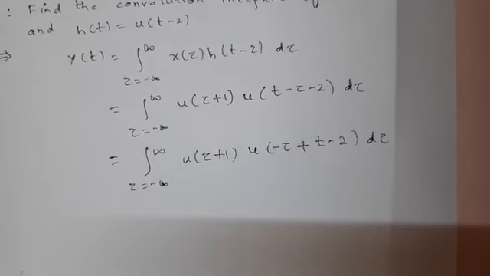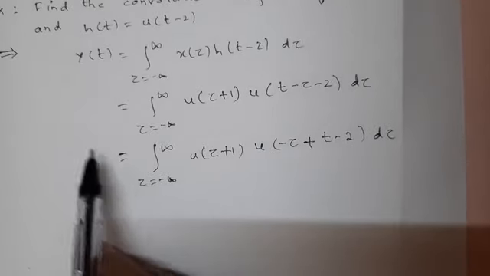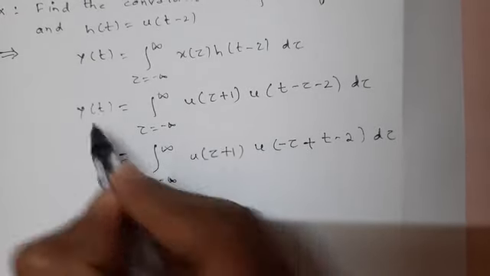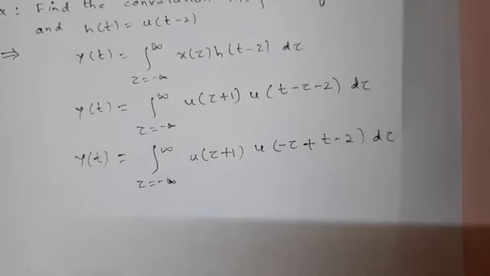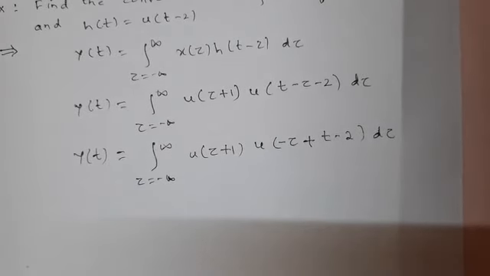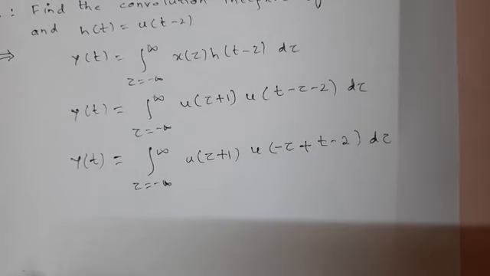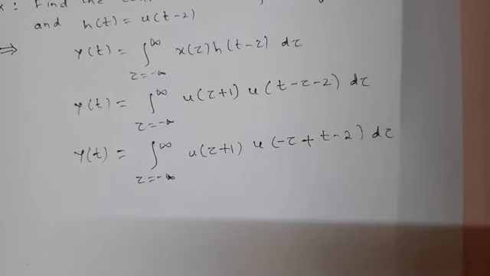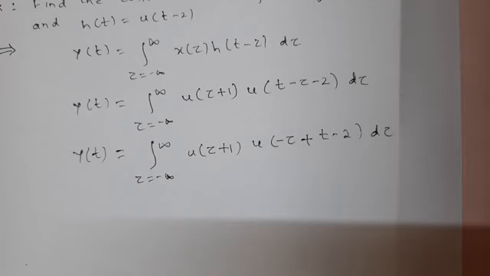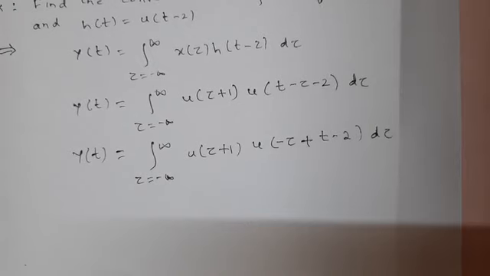So now we are trying to know what is y of t when you convolve u of tau plus 1 and u of minus tau plus t minus 2. First we will try to draw u of tau plus 1. It is a unit step function shifted by 1 towards left side.